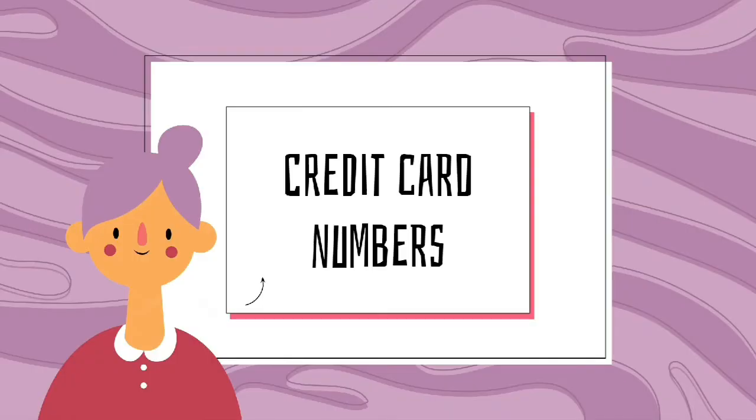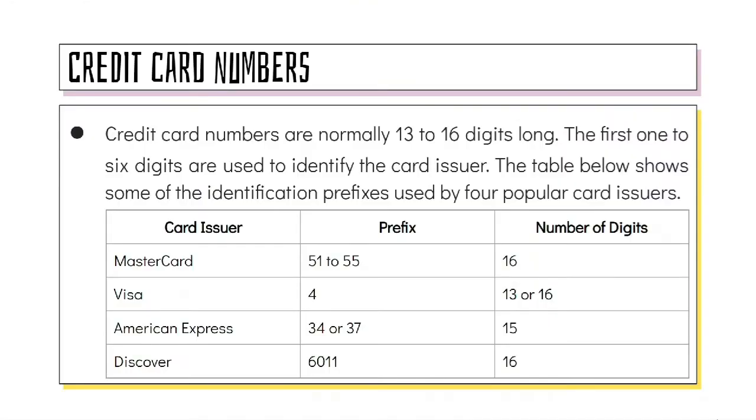Now let's proceed to credit card numbers. So class, credit card numbers are normally 13 to 16 digits long. The first 1 to 6 digits are used to identify the card issuers. These are some of the identification prefixes used by 4 popular card issuers. For MasterCard, 51 to 55, with 16 digits.